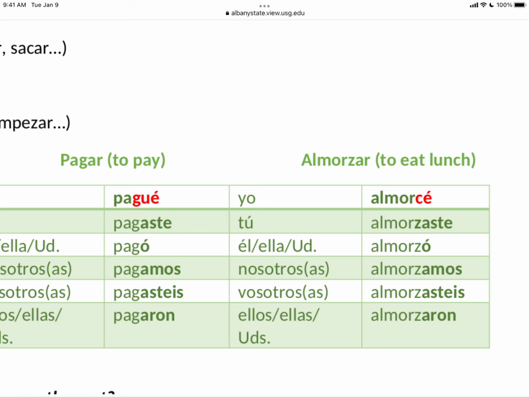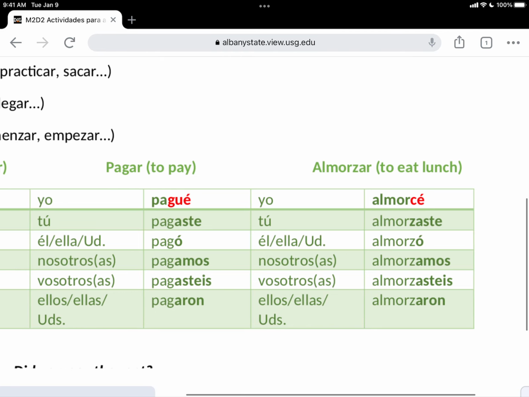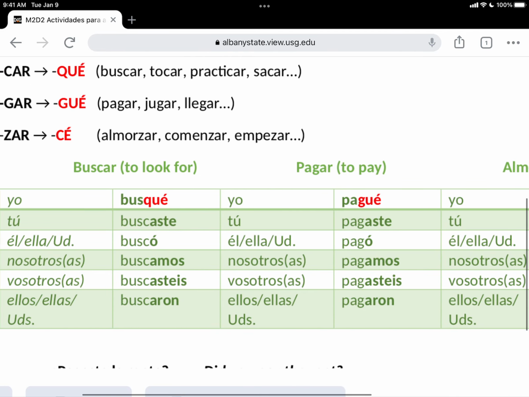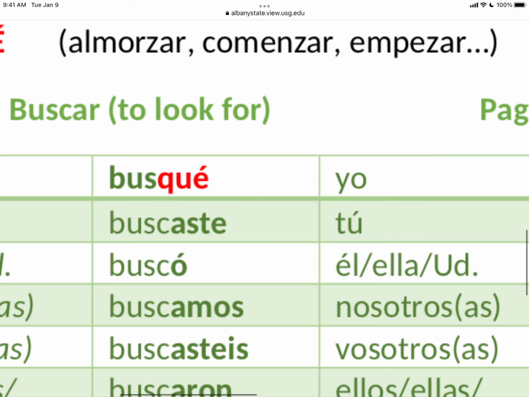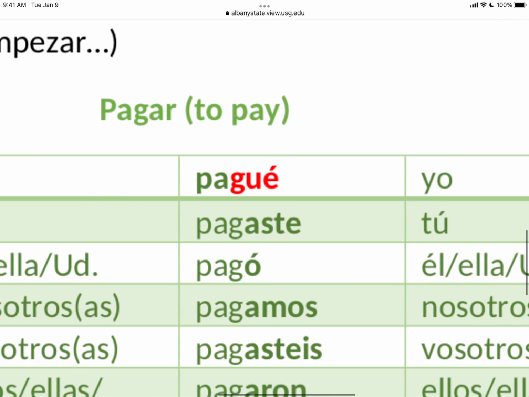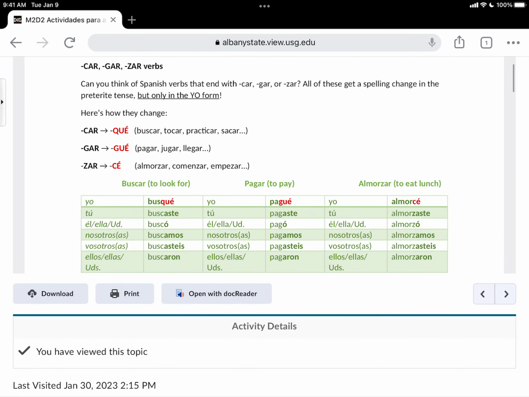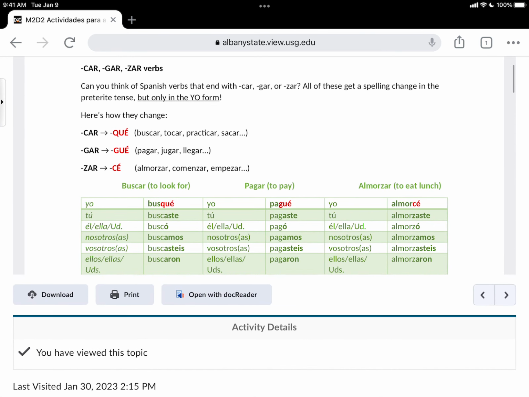So again, they have to be a garkazar, and they only have that irregular form in the yo form. And then we have a ZAR form which changes to CE. So again, CAR changes to QUE, GAR changes to GUE, and ZAR changes to CE. Okay, that's our first category.